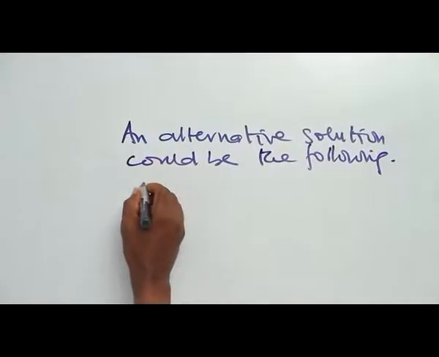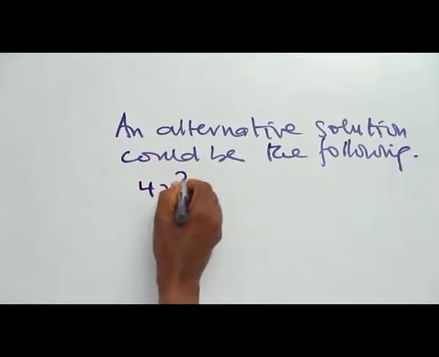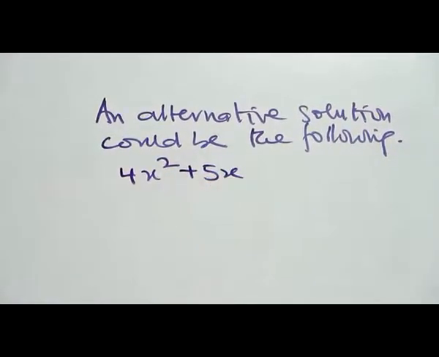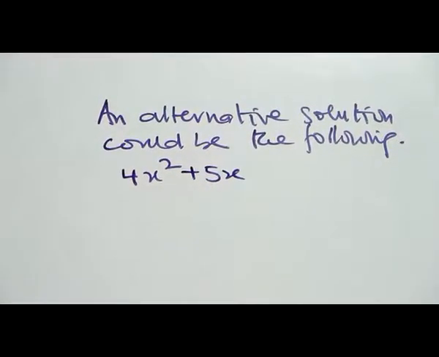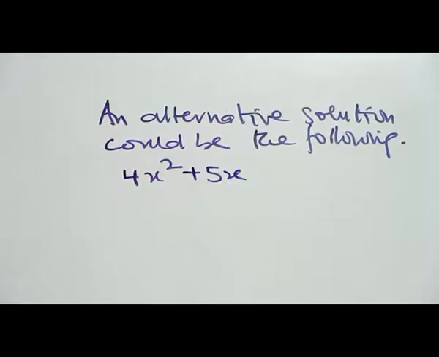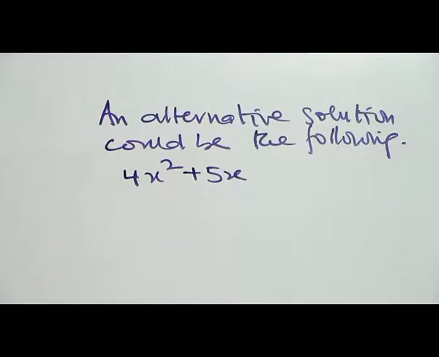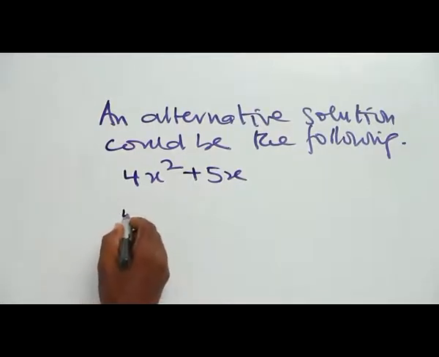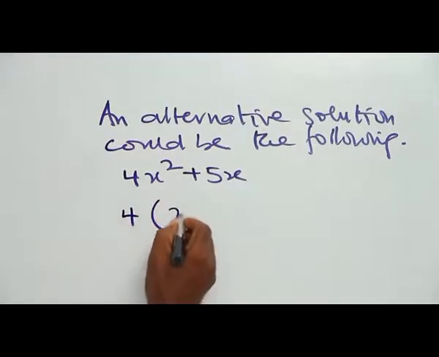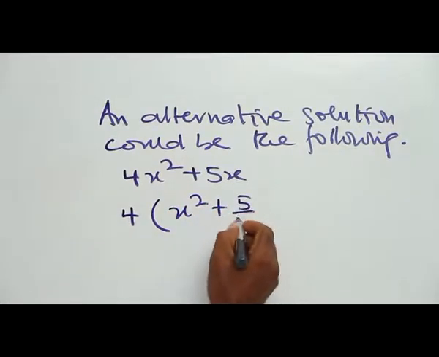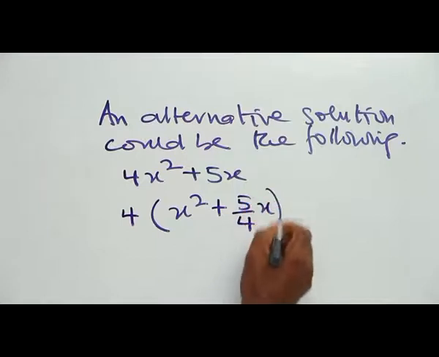Here we have 4s squared plus 5s. And we are interested in looking for what will be added to this to make it a complete square. So let's take the 4 out and have s squared plus 5 all over 4s.